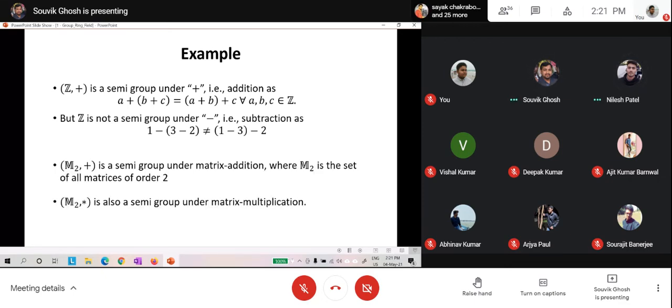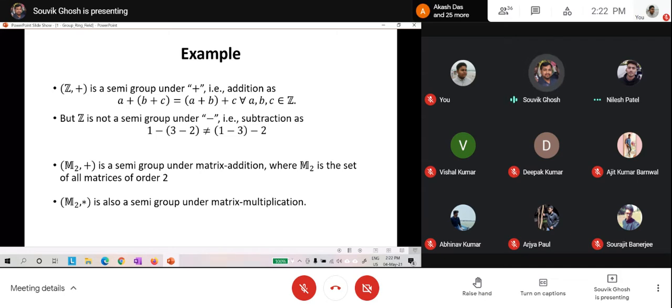Now we have two more examples. If we consider the set of matrices of order 2 with the operation addition, it is a semigroup. You can check that matrix addition is associative in nature, and it is also closed under addition.